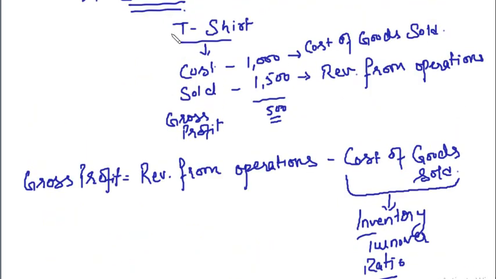You are a t-shirt manufacturer or you are a t-shirt trader. The cost of this t-shirt for you is 1000 rupees and you sold it for 1500. So 500 is what? Your gross profit. 1500 is what? Revenue from operations. And cost is what? The cost of goods sold.